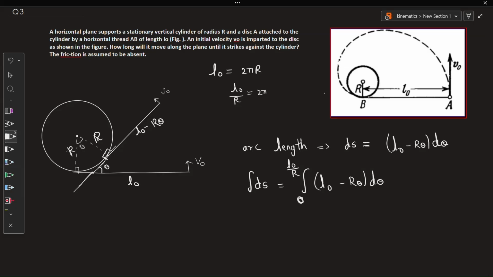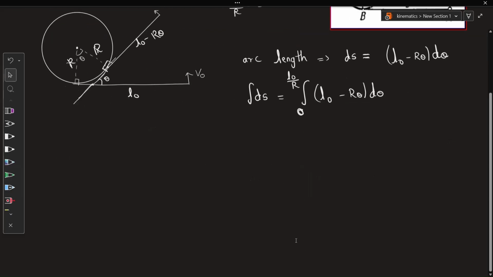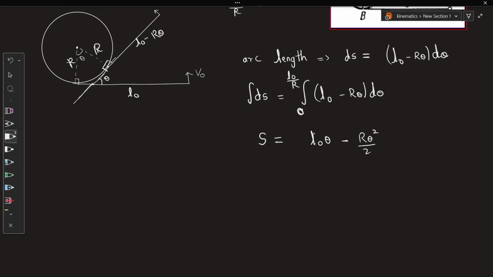Because initially the center is here, here, here, and it goes till it reaches the length L naught. Now the arc length is nothing but L naught theta minus r theta square by 2 from 0 to L naught by r.